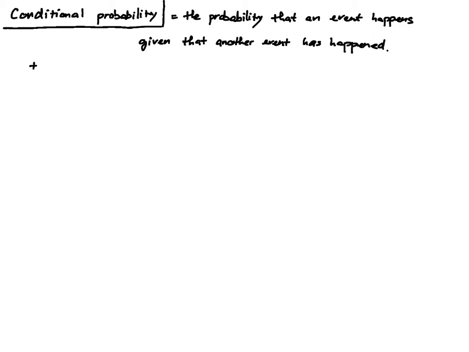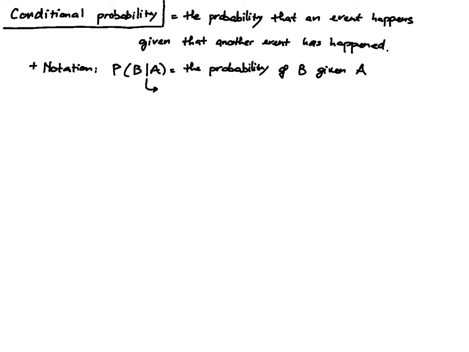Now mathematically, the notation for it is as follows. This is a notation for the probability of B given A. And this right here is a vertical line, right?